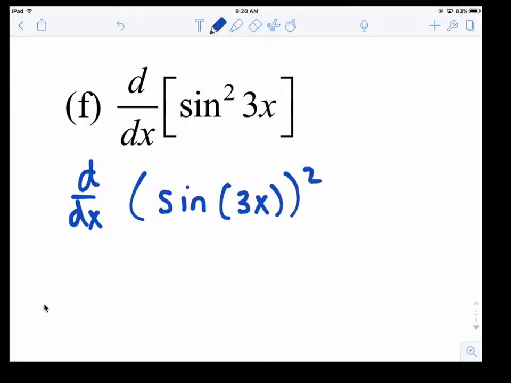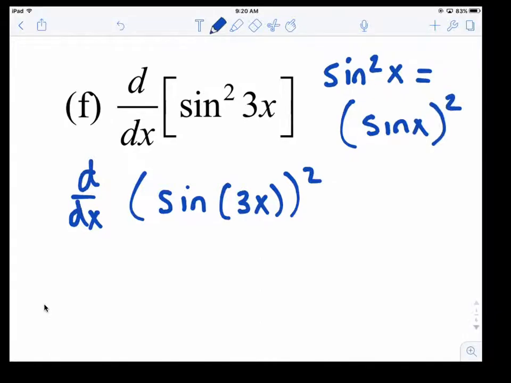Okay, so sine squared of x is the same thing as sine of x, squared. They're the same thing. So anytime you are asked to find the derivative where your trig function is being raised to an exponent, put that exponent on the outside because it'll be easier to figure out its derivative.